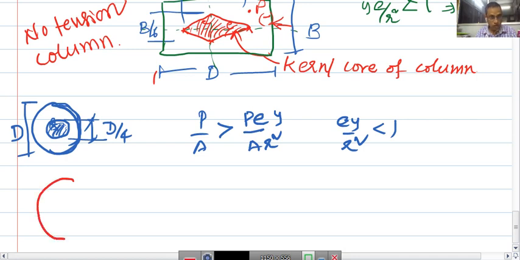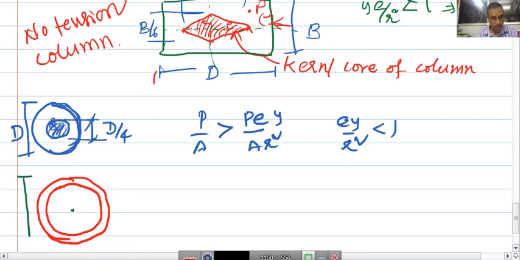Similarly, most of the times we use hollow circular or hollow rectangular columns. So we also worked out the hollow columns. Within the hollow column, this is the center. Let us say the outer diameter is capital D and the inner diameter is small d.